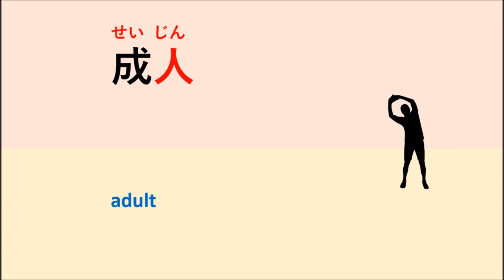Seijin is adult. The kanji of sei comes from the kanji of grow. For example, people grow from a small age to older and older, right?